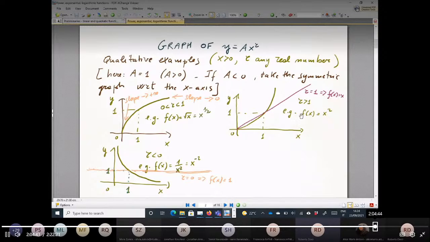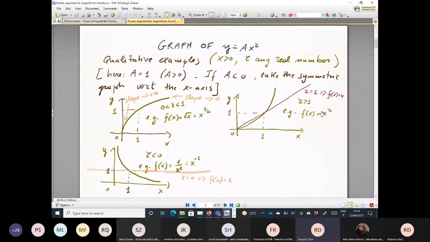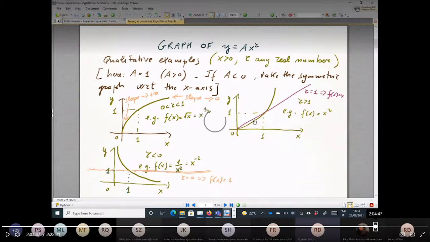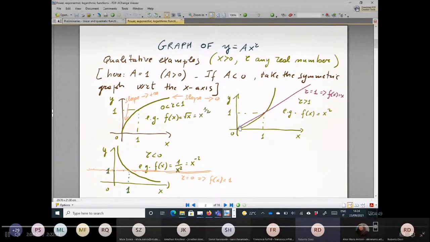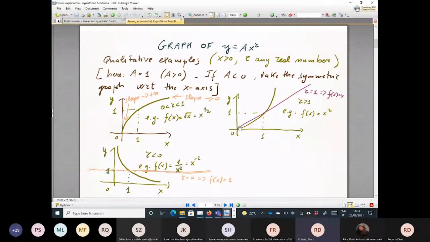In the case, for instance, r equal to 2, this is just the right branch of a parabola. What happens qualitatively, there is a big difference because this is increasing and convex.